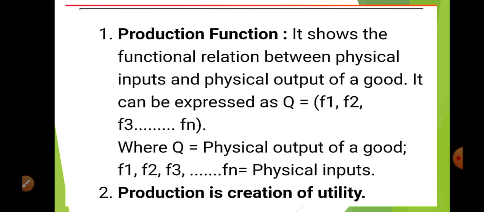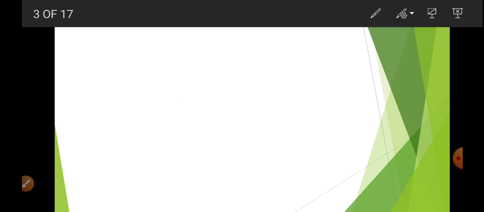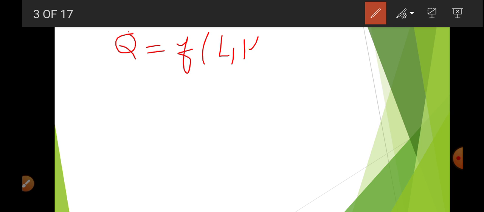First of all, what do you mean by production function? I'm going to explain in my own way, then with the book. Simply, if we write it as an equation, Q is a function of L and K. L stands for variable factor and K stands for fixed factor.